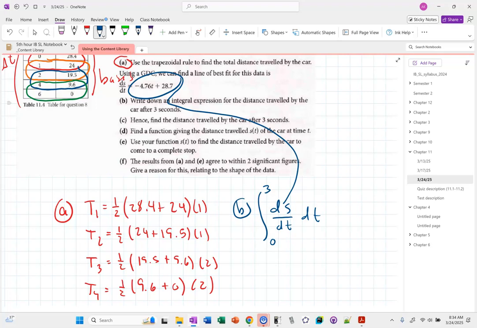I'm guessing they gave you that so that this is ds dt when t is equal to 0. This number over here is ds dt when t equals 1. Just so you can get into your calculator maybe in a more compact fashion, but you didn't need that piece because they gave you the table. I don't know why they gave you both in the part A. I think that's confusing, but that's what they did. You feel good on that, Anna?